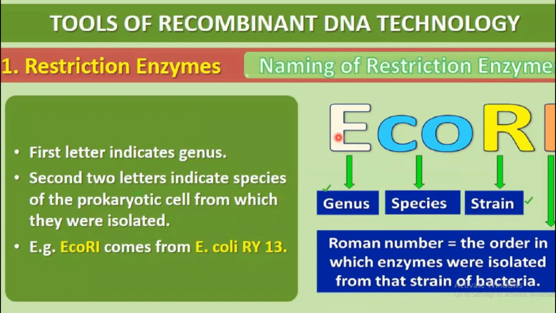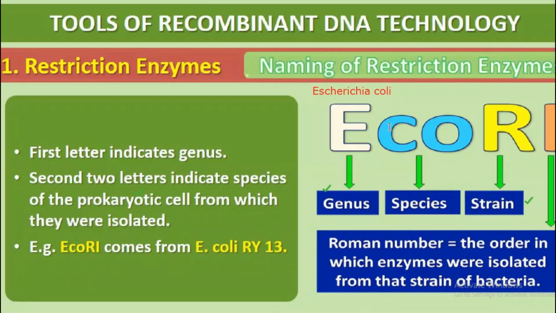Actually, this EcoR1 restriction enzyme is isolated from a bacteria named Escherichia coli. Commonly, we call it E. coli bacteria. So, the first letter indicates the genus name. Genus name is Escherichia, while coli is the species name.